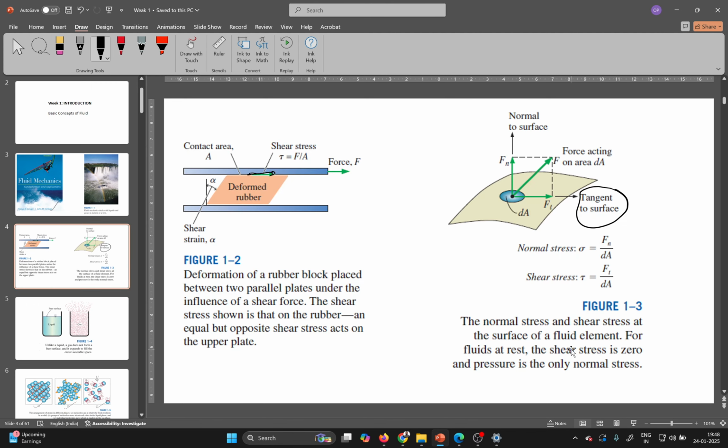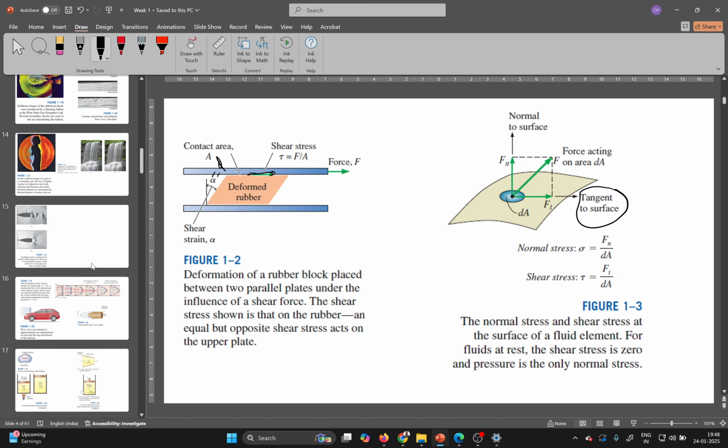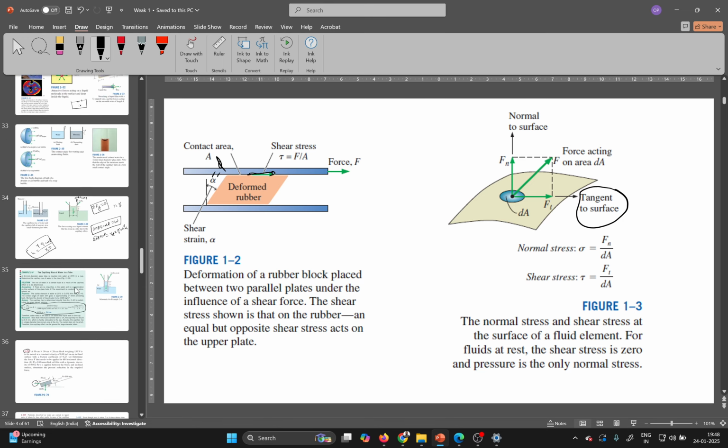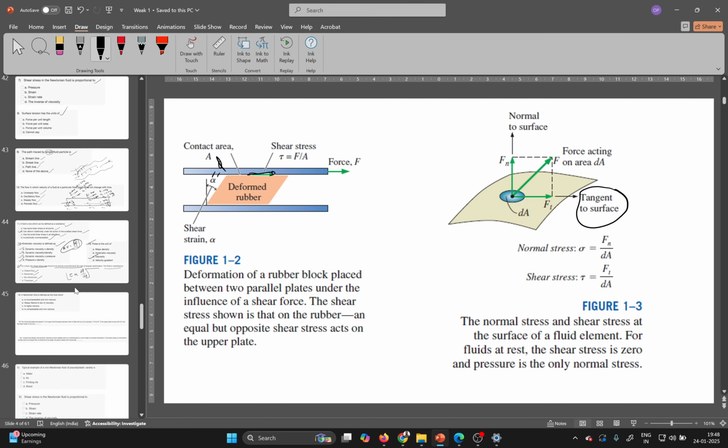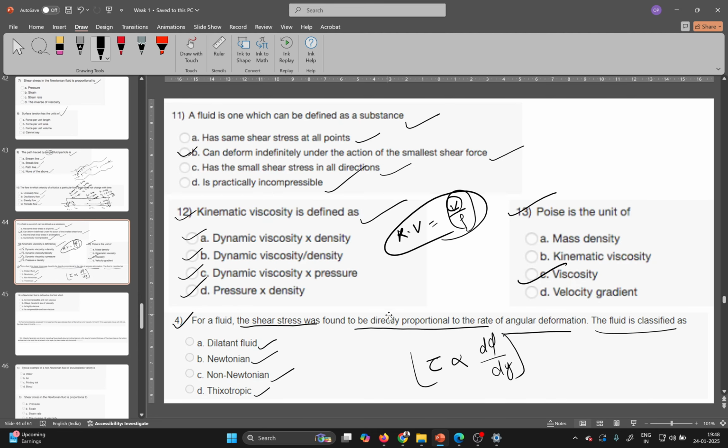Here you can say this is the alpha. Whatever the alpha is here, this is the angular deformation. Remember. So you can say phi also. That angle I have written in terms of d phi by dy, where phi is the alpha, d alpha by dy.